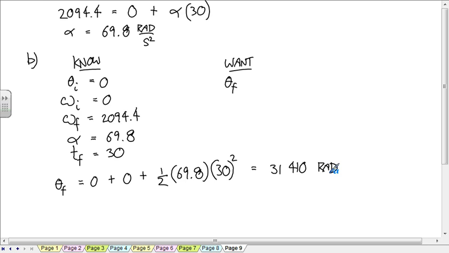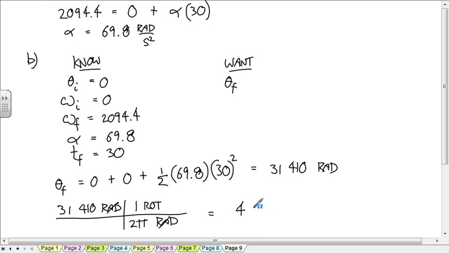But that's not rotations. So now we just have to convert 31,410 radians to rotations where 2 pi radians is 1 rotation. And you get a value of 4,999.1. That's got to be round off. It must be 5,000 for some reason. Rotations.